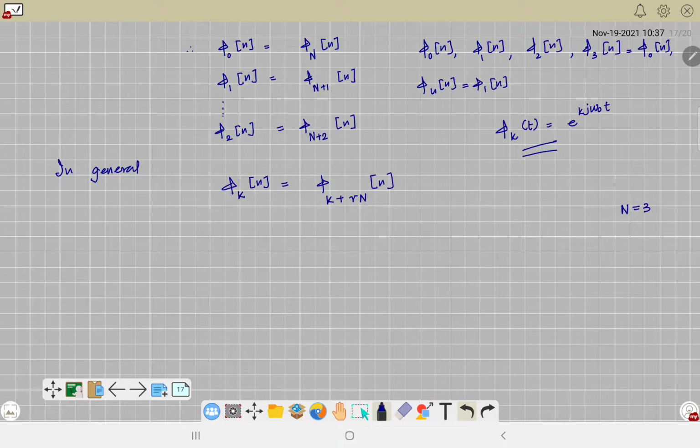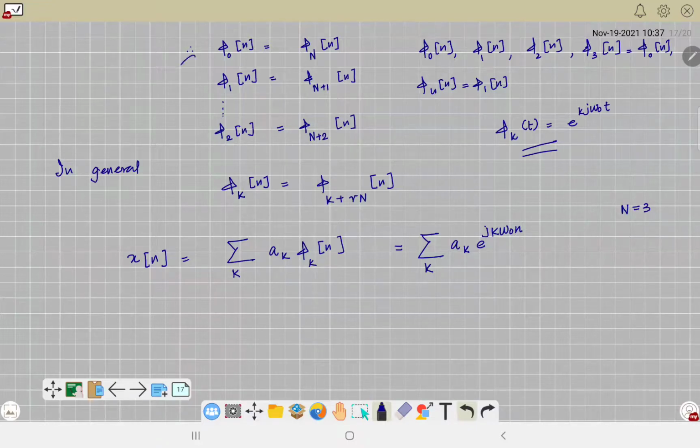Now if I define a sequence, a signal x of n, as a linear combination of these sequences that we just defined, phi k n, it will be the summation over k of a k e raised power j k omega naught n.